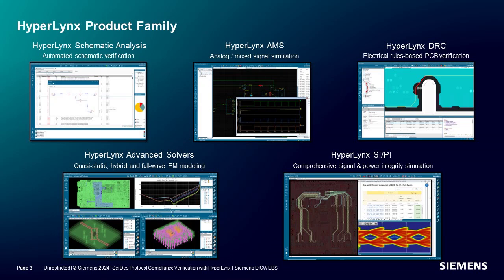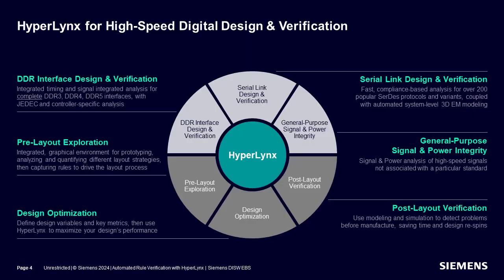Hyperlinks Advanced Solvers provides accurate 3D electromagnetic modeling of PCB structures, and is seamlessly integrated with Hyperlinks SI and PI to provide complete front-to-back analysis flows. So as you can see, Hyperlinks is an integrated family of products for high-speed system design, automated optimization, and verification.